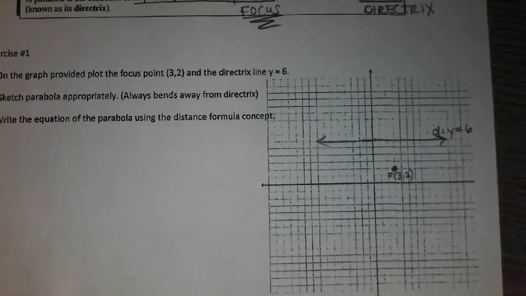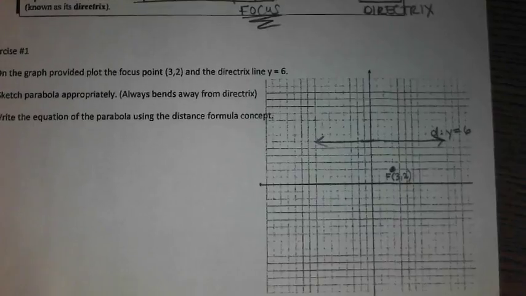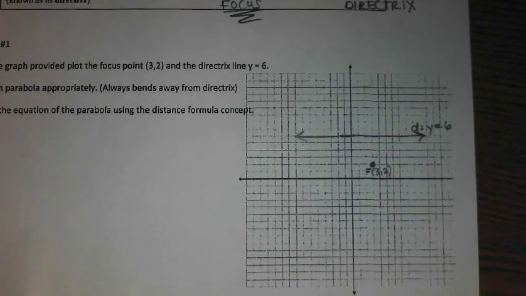So any point on the graph, and there are an infinite number of these points, that are equidistant, meaning the same distance away from the line as they are from the focus, are going to create a parabola.